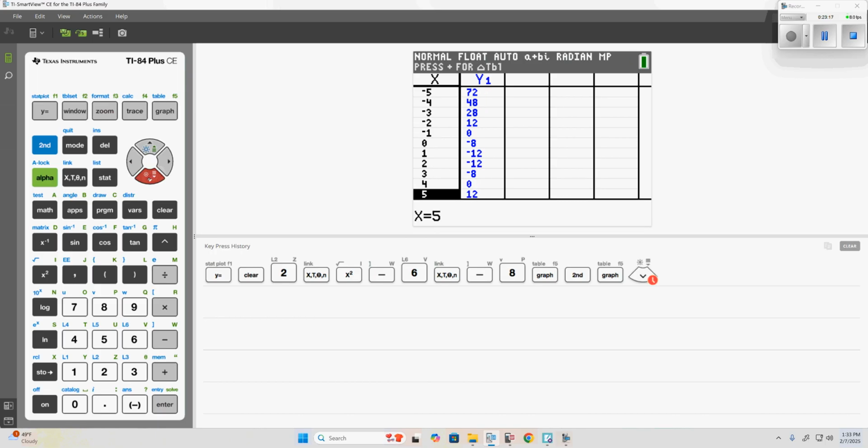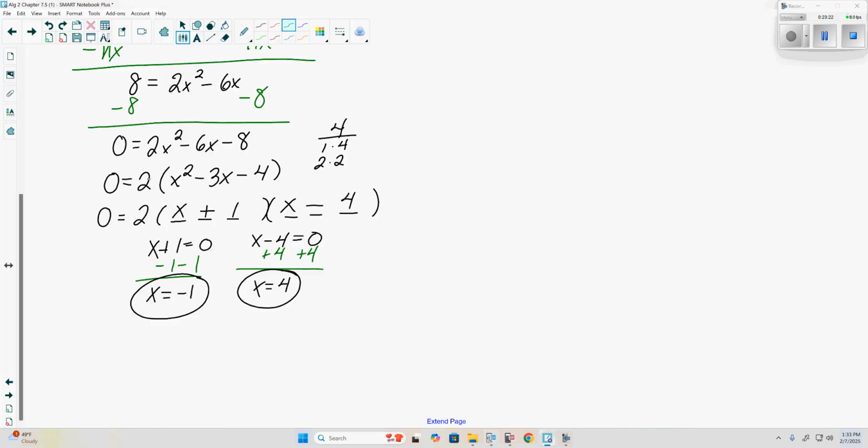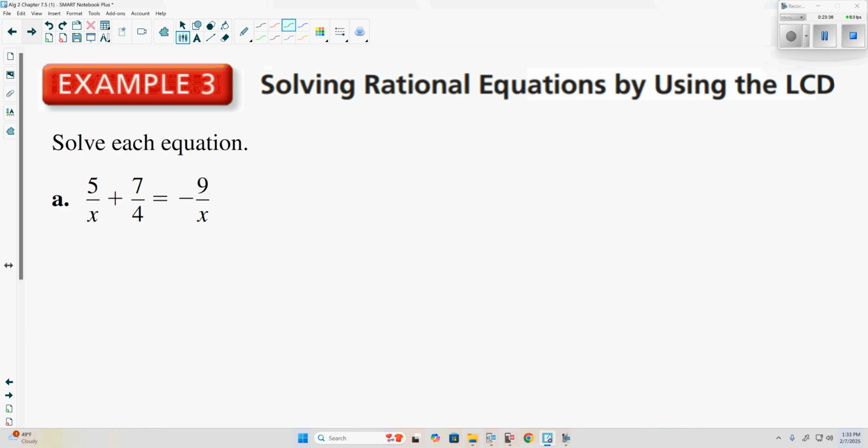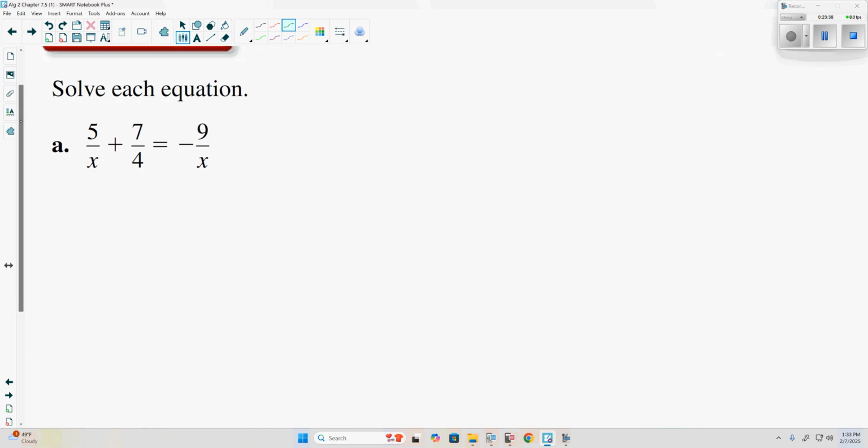So again, when we graph it, we're looking for what values of x will make the y value be 0. Are either one of these our restrictions? No. So those both work. They're both solutions to this here. We will finish this on Monday.